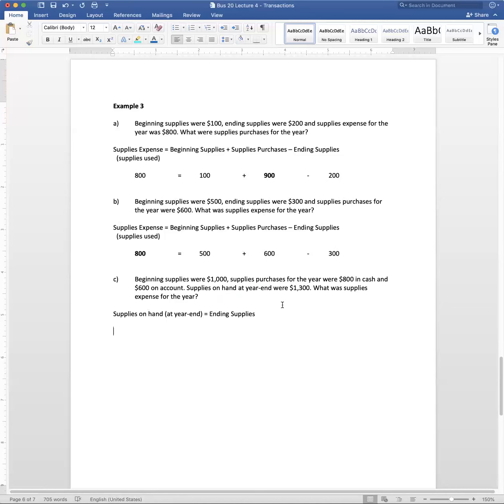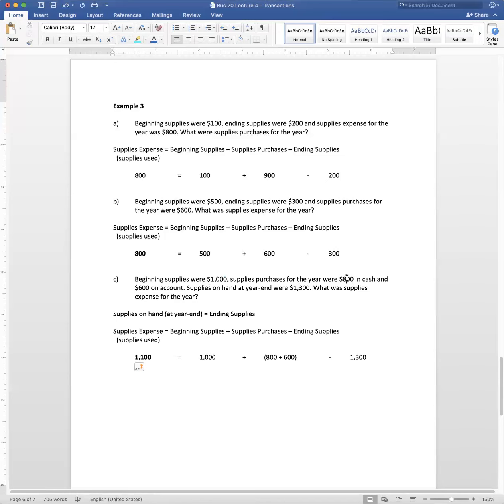Okay, so that's just terminology that they often use in business. They say, what's the amount on hand? That means what's the total right now? So if we say that a supply is on hand at year end, that means at the end of the year. So what are the ending supplies? Okay, now that we've translated the question, we can fill in the amounts in the formula. We know that the beginning supplies were 1,000.